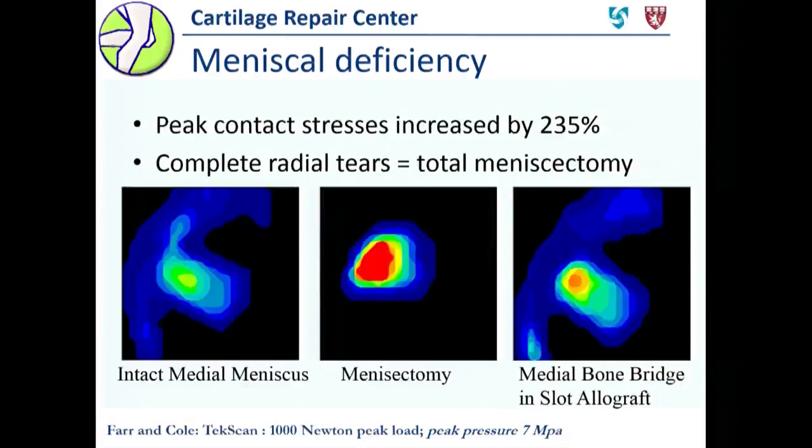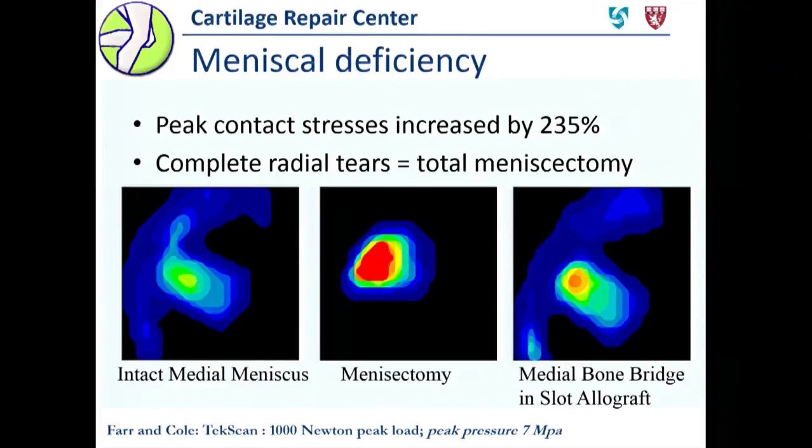This just shows you in a CT scan how high the load goes if you have a meniscectomy. The more it turns from blue to yellow and red, that's higher pressure on the left side. This is essentially looking at the tibial plateau, if you will. With an intact meniscus, yes, you do have a force spike right in the center of the weight-bearing medial femoral condyle.